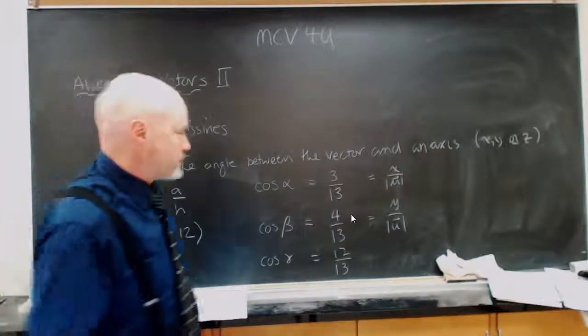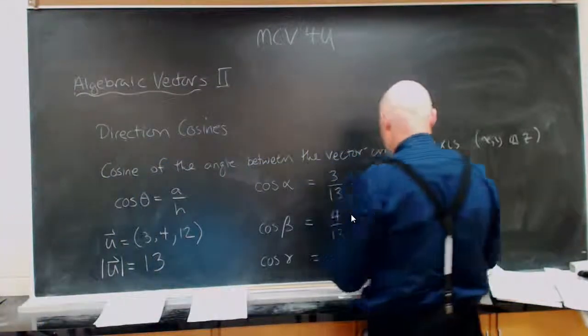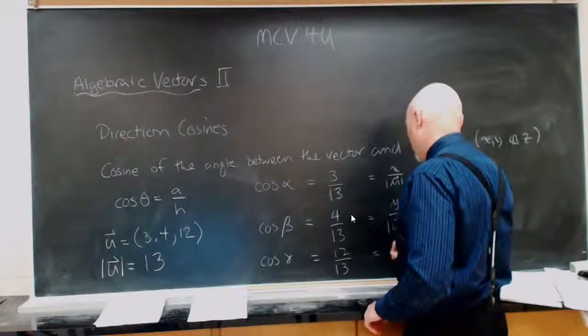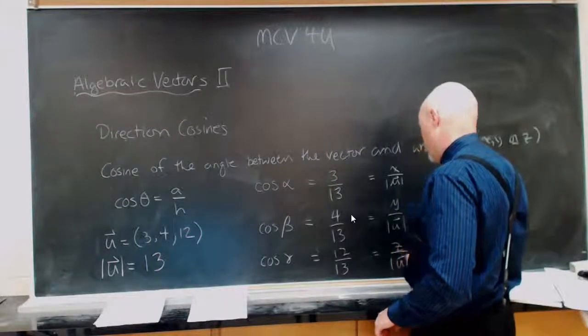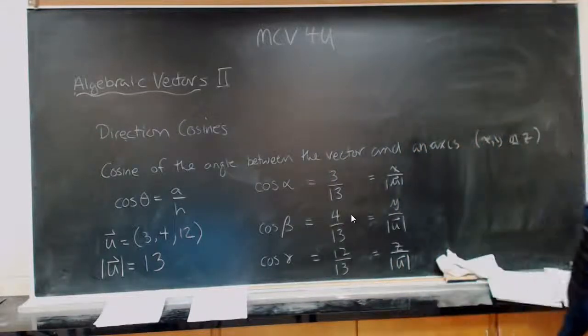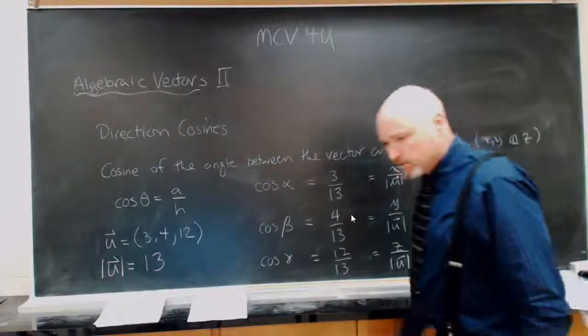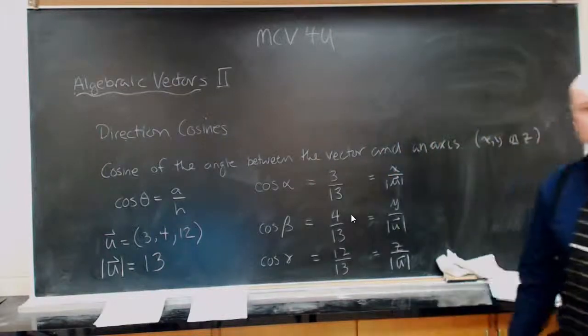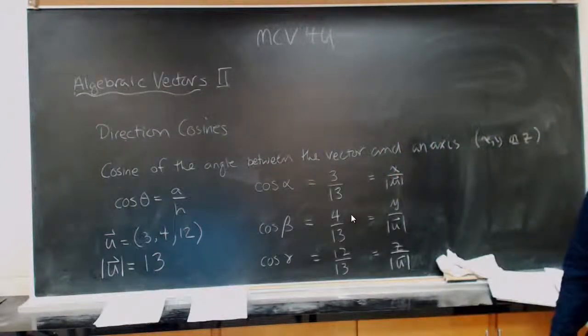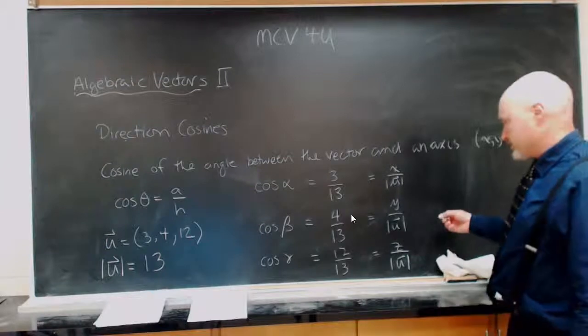And that's just the z coordinate over the absolute value, the length or the magnitude. Okay. Out of curiosity, we should actually work out what these angles are. I'd just be interested to know.